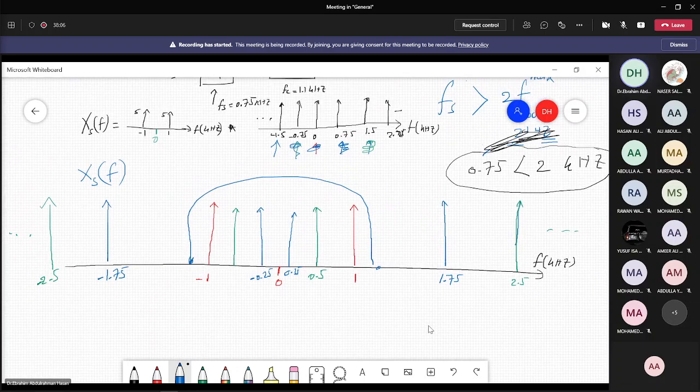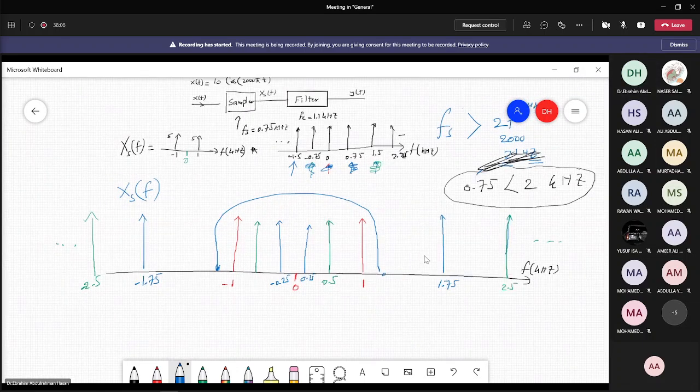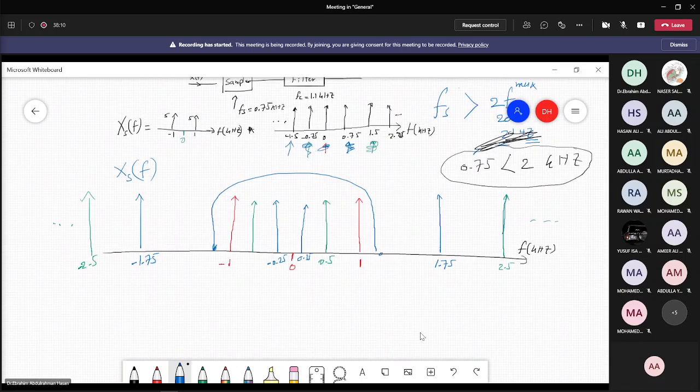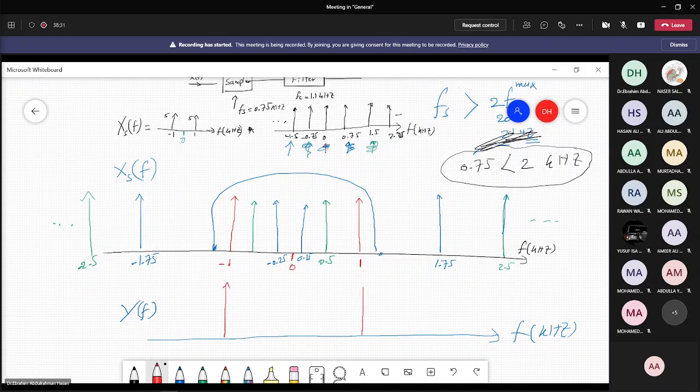Here, as Y of f, this is f in kilohertz. I will get these two, so at 1 and minus 1. This is the first thing.